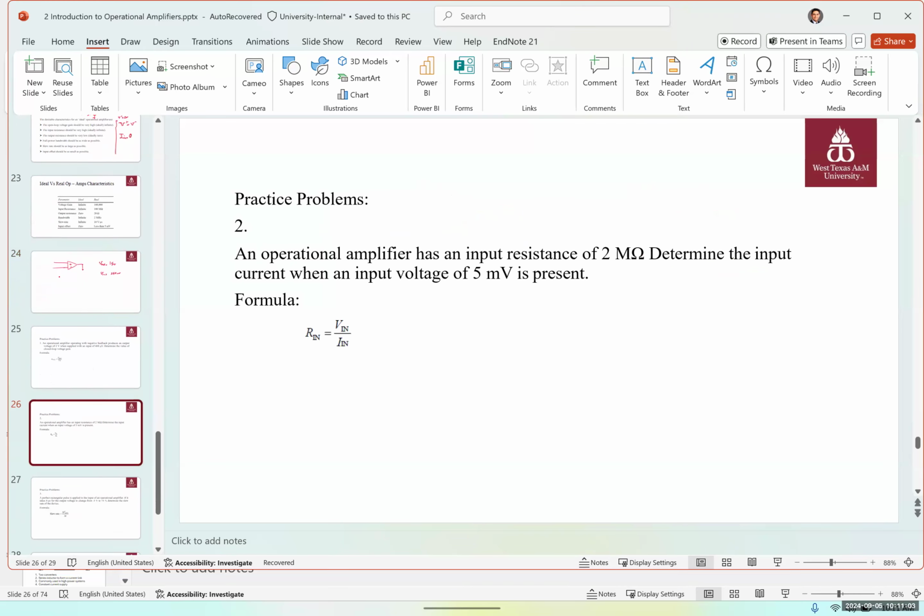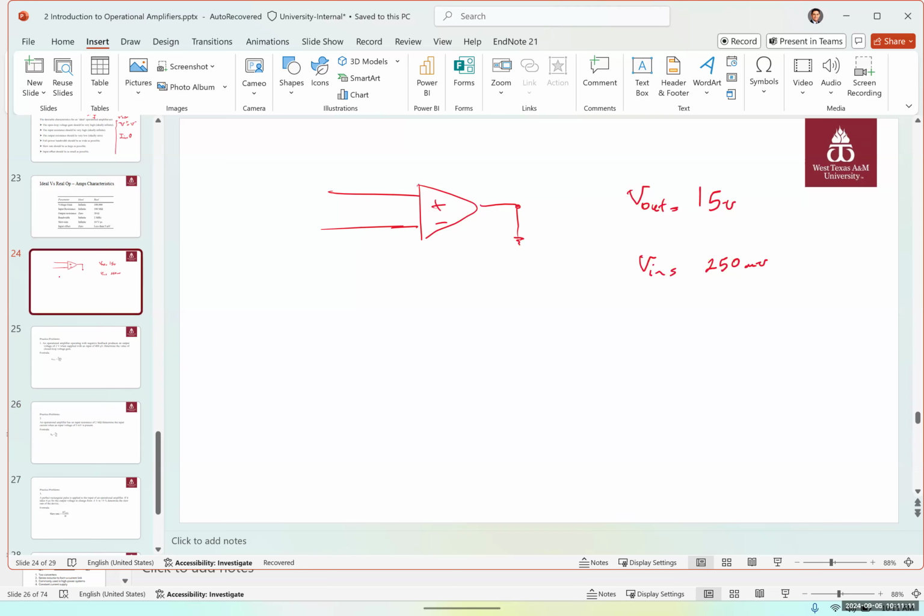I'm going to give you an example that you can solve. The input current is 5 milliamps. Let's make this 5 microamps.